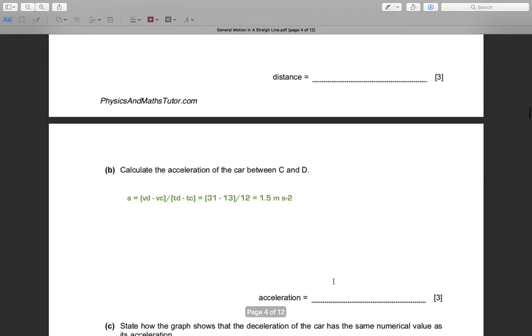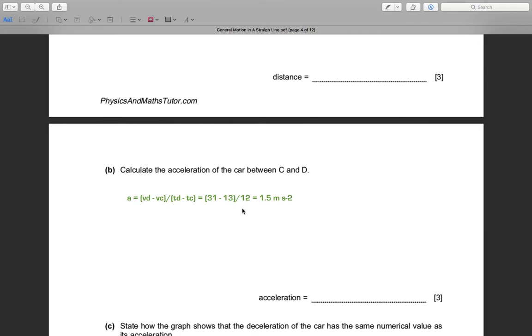We minus these, and 12 is the delta t. 31 is the velocity at point D, and 13 is the velocity at point C, divided by the time interval taken.